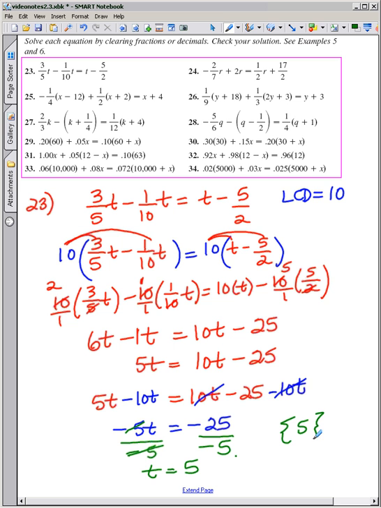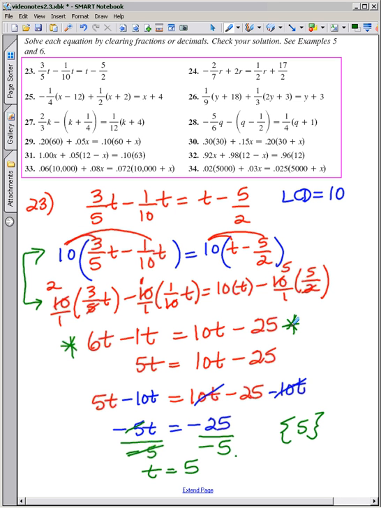And that is my answer. Okay? So a long problem, but if you can stick with it, really, this step right here, you get a really nice, pretty equation, then you can go through and solve pretty easily.